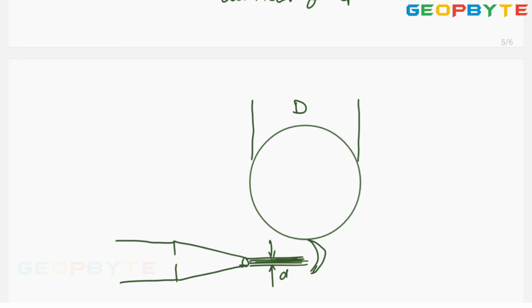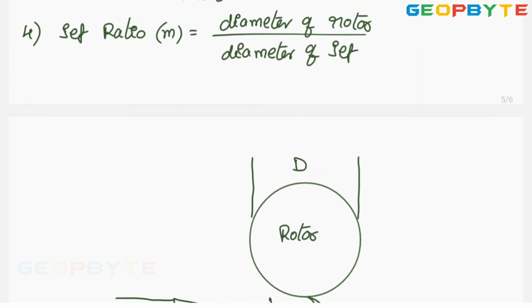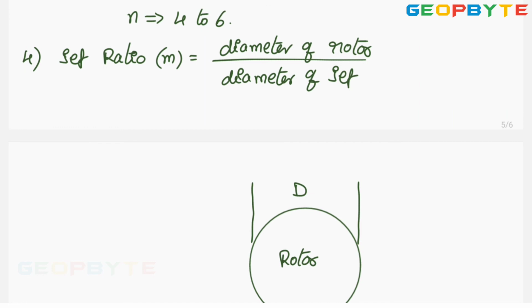The ratio between rotor diameter and jet diameter is called jet ratio. It is equal to capital D by small d. M varies from 11 to 14.